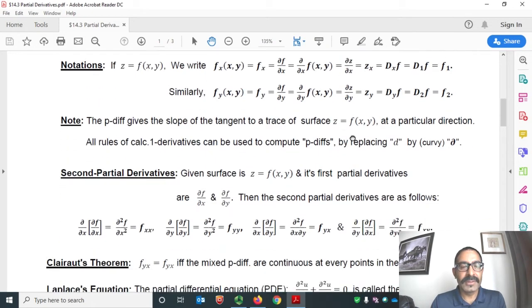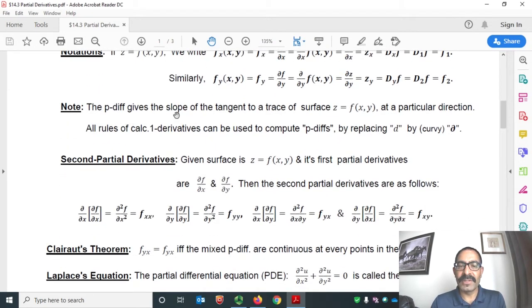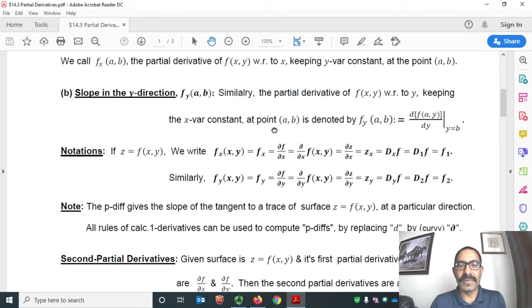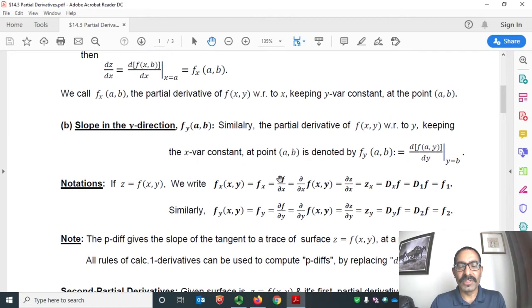Quick note: the partial derivative gives the slope of the tangent to a trace of the surface in a particular direction. All rules of calculus 1 derivatives can be used to compute the partial derivatives, just replacing the regular d by the curvy d. So we have these curvy d notations here. So please make sure where to use the curvy d and the regular d.